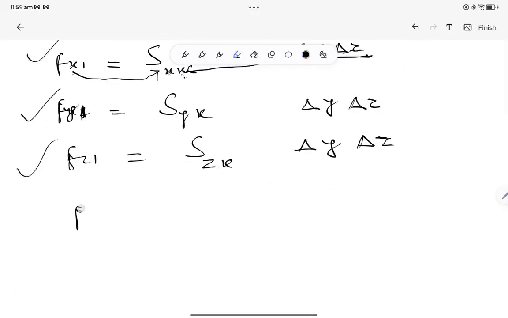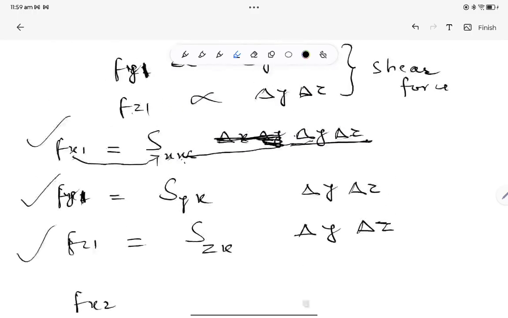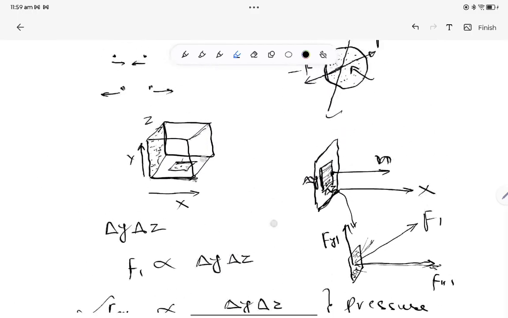We will write it Fx2. The total force is this F2, and we will then resolve F2 into components: the x component Fx2, Fy2, and similarly Fz2.